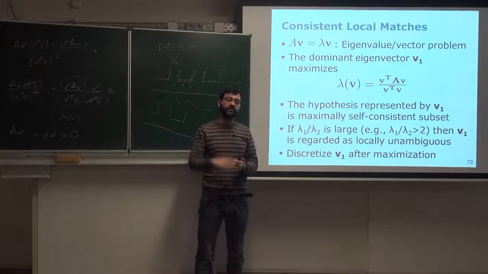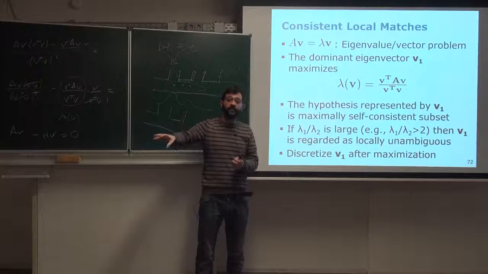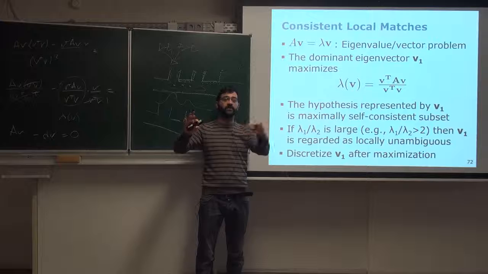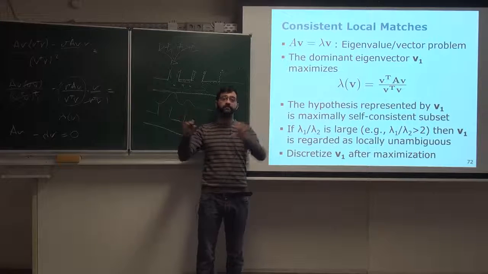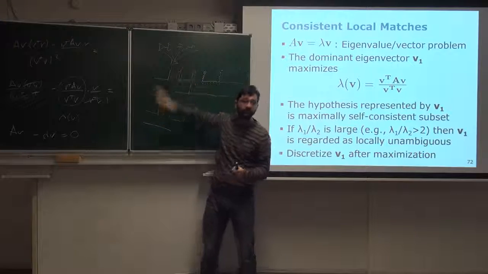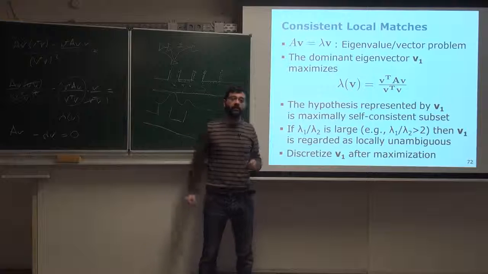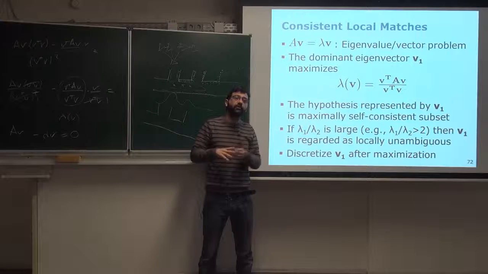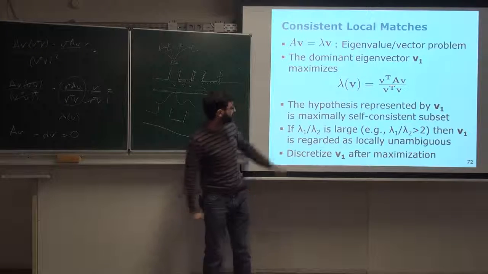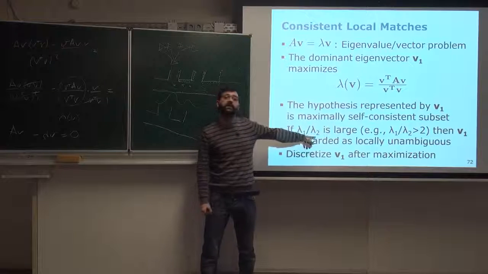Now, we want to also be sure that there is no picket fencing problem. So we want to be sure that the second best hypothesis is actually very low. Because if the first and the second best hypothesis are roughly the same, it means that they are very ambiguous locally. No? It means that this set of measurements can have two different solutions. They are all somehow the same, or they are both very highly likely. Okay? So we check then the ratio between the first and the second eigenvalue.